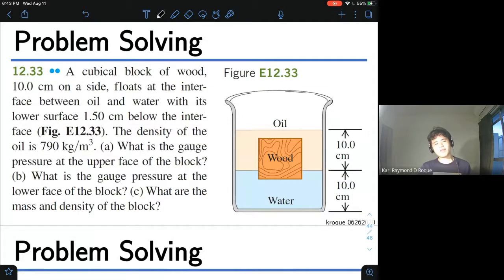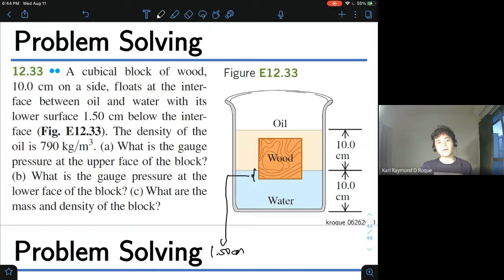Process muna natin yung given. A cubical block of wood 10 cm on a side floats at the interface between oil and water with its lower surface 1.5 cm daw to.